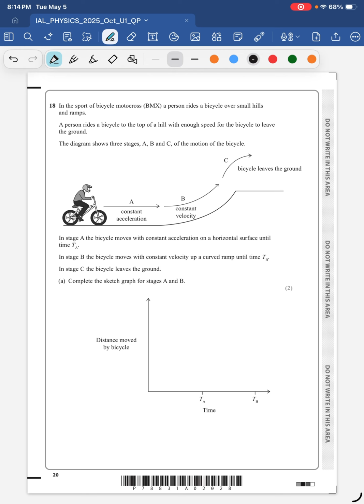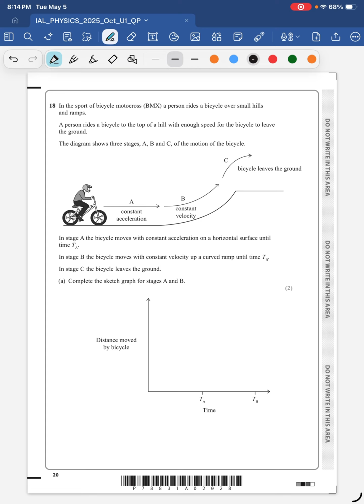So you have constant acceleration, constant velocity, and then the bicycle leaves the ground. In stage A, the bicycle moves with constant acceleration on a horizontal surface until time TA. In stage B, the bicycle moves with constant velocity up a curved ramp until time TB. In stage C, the bicycle leaves the ground.